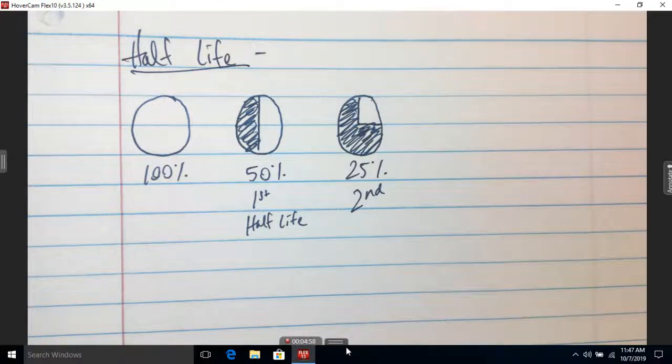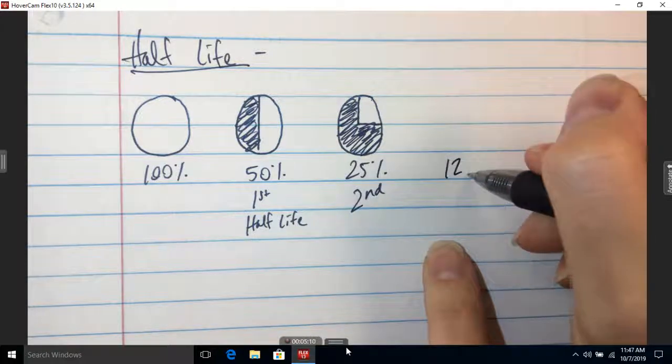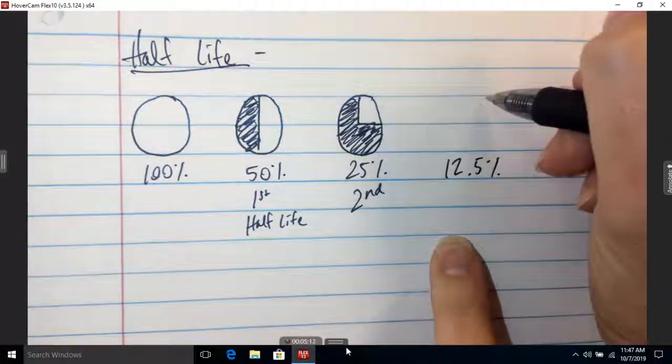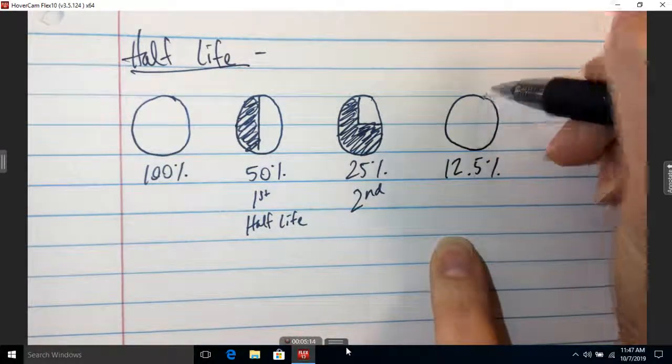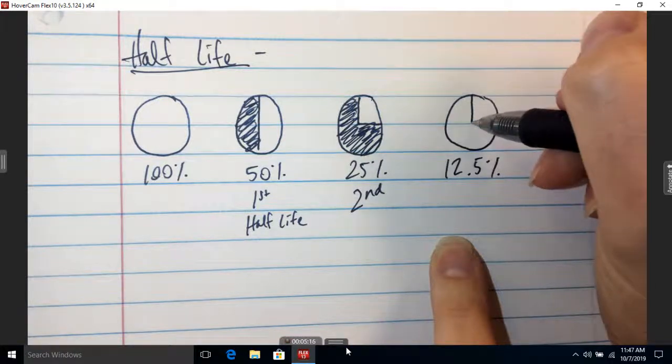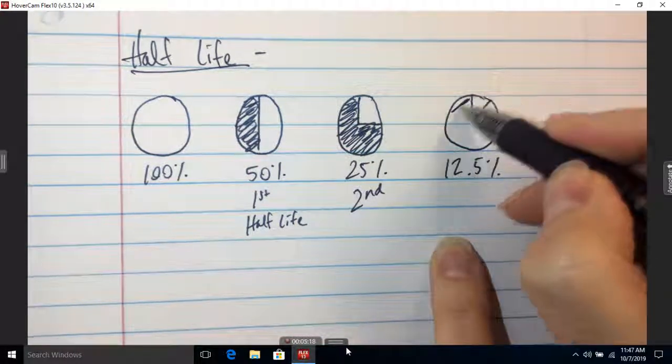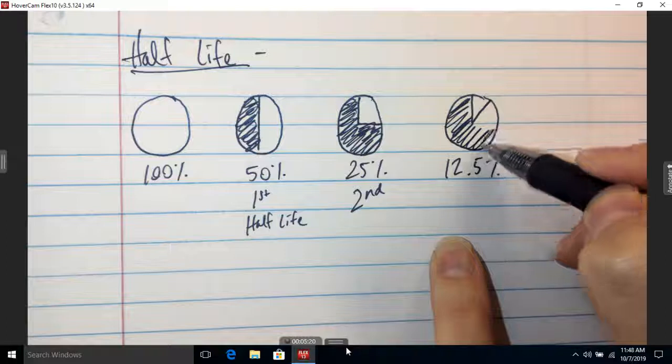In the next step, half of that is going to be gone. So what's half of that? 12.5. So maybe our circle would look like, all of this is decayed.